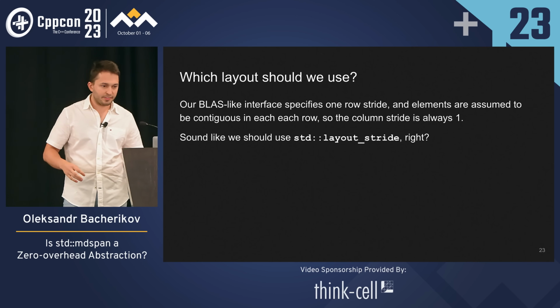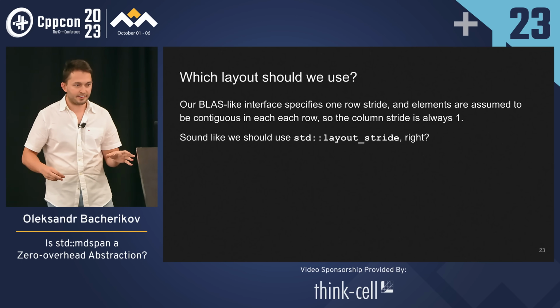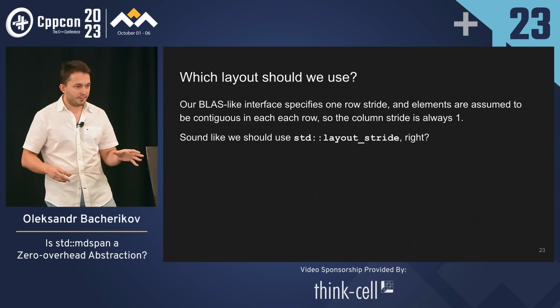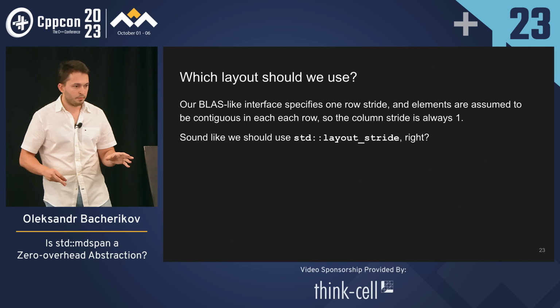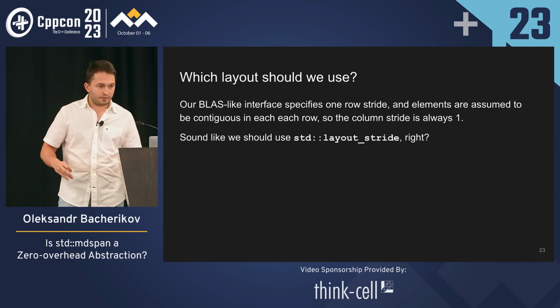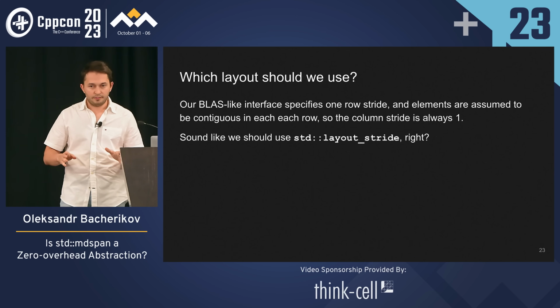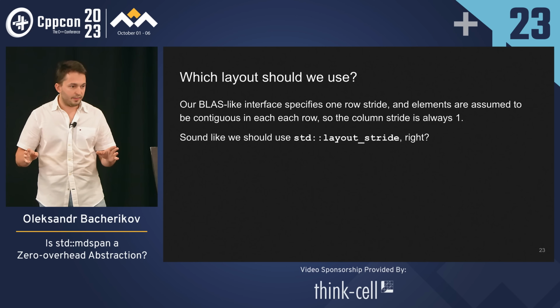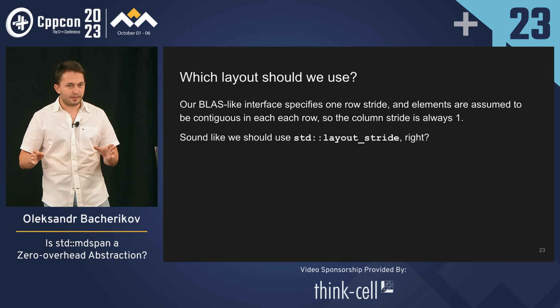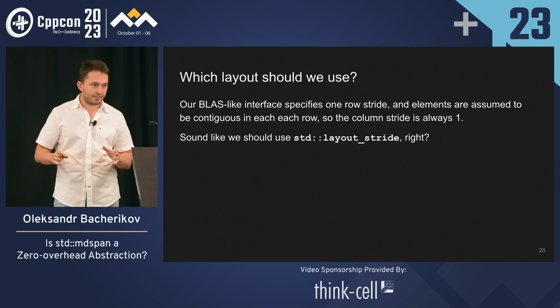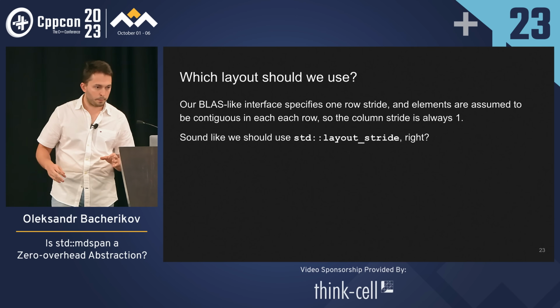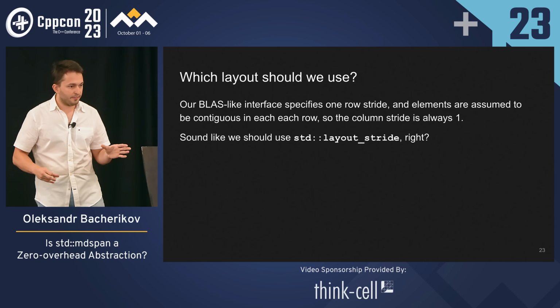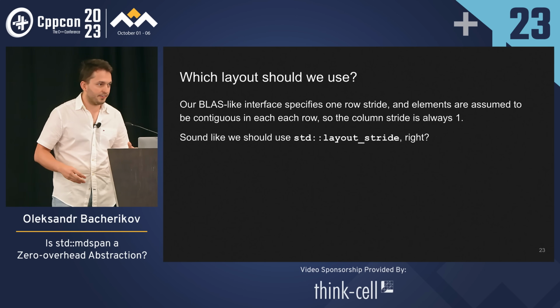But first, we need to answer two questions. First, which element type to use, which is obviously float in our case. And next, which layout to use. So our BLAS-like interface specified one row stride, and elements in the row assumed to be continuous. So the column stride should be 1. And in the standard, we have layout stride, and it sounds like we should use it for that, right?